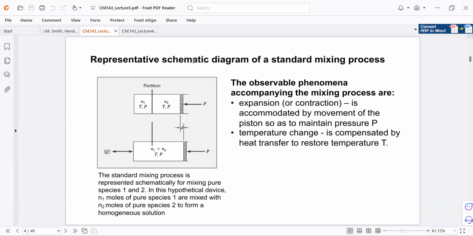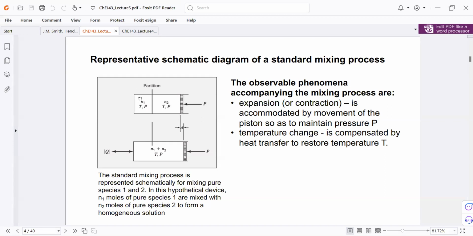So let's represent the standard mixing process in this diagram and observe what happens when there's mixing. If, for example, we have an experiment with a cylinder right here, initially there's a partition that separates species 1 from species 2.